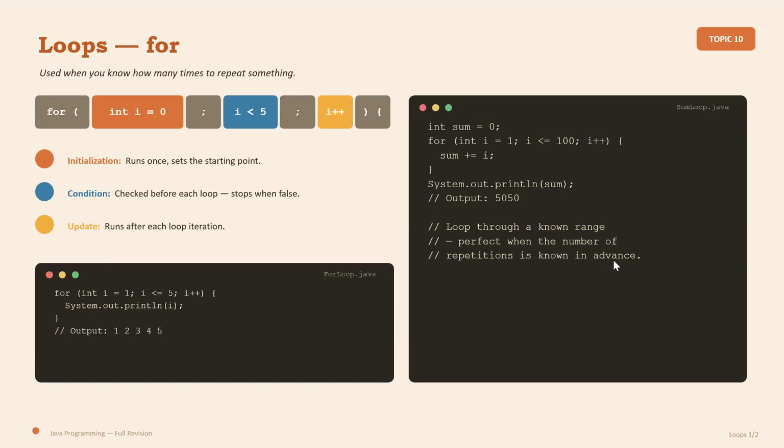The most commonly used one is the for loop, used when we know in advance how many times we want to repeat a task. A for loop has three parts: initialization, condition.